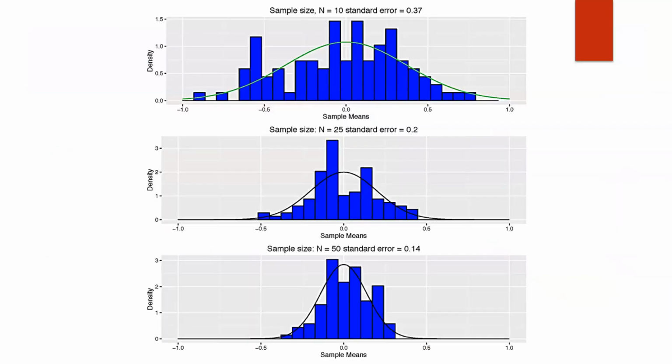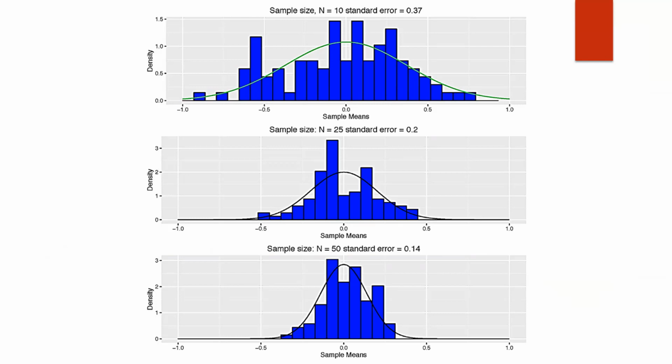I want to show you one more thing to illustrate this pattern here. I want to show you these 3 histograms that we have, okay? These histograms represent data that comes from samples of varying sample size. The one at the very top is data from a sample size of 10. The middle one has a sample size of 25, and the last one has a sample size of 50.